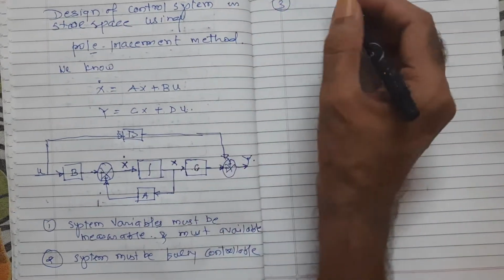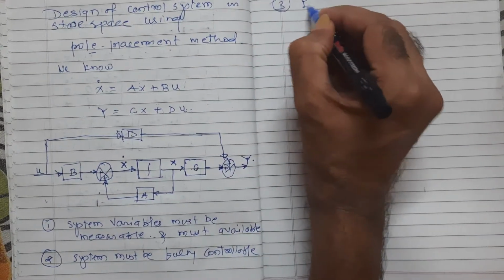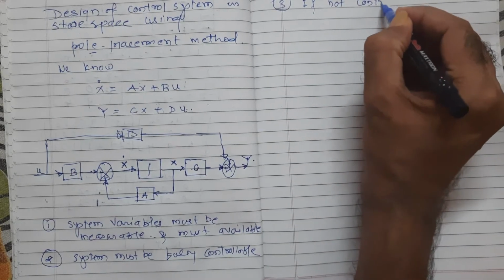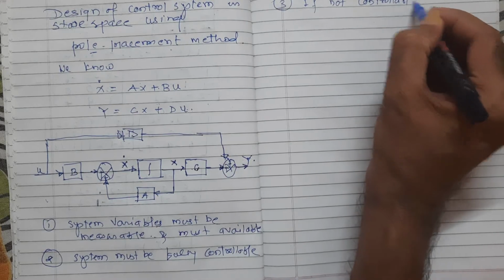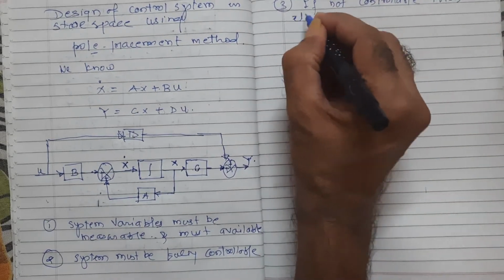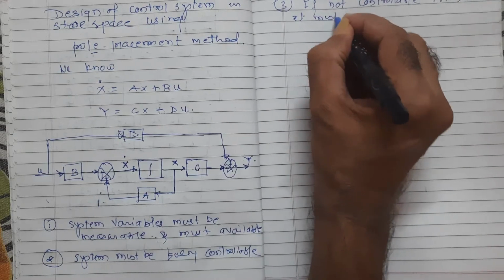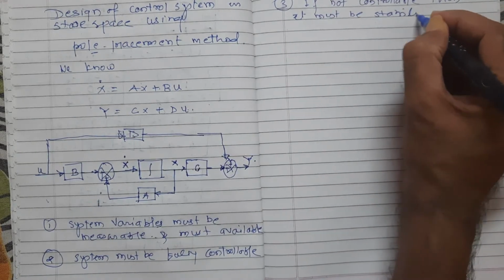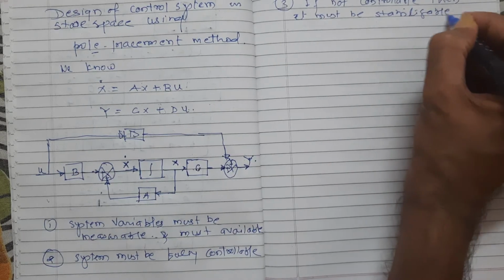if the system is not controllable, then it must be stabilizable.